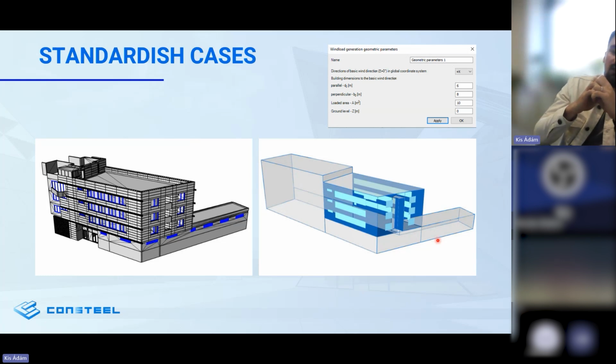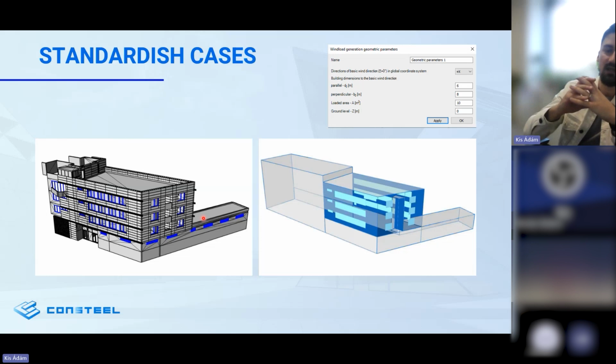And if, let's say, we have a secondary structure behind this building, some trapezoidal sheeting or some kind of sheeting, and we would like to design those members, we can create a simplified model of this building, which does not contain every element of the balcony and every entrance.